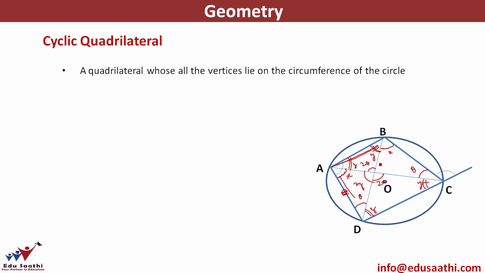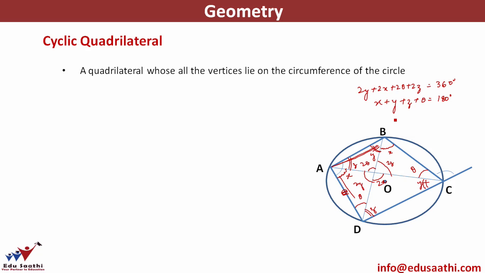Similarly, if this angle is z, this angle will be 2z. So if I look at it, 2y plus 2x plus 2 theta plus 2z is equal to 360 degree. So x plus y plus z plus theta would be equal to 180 degree that I have.